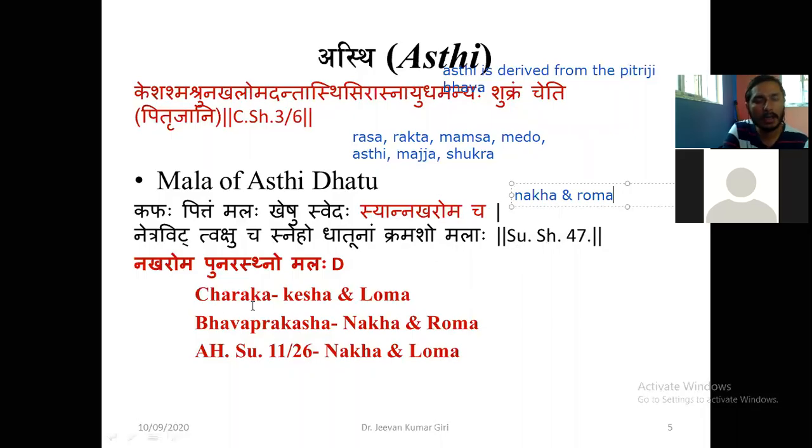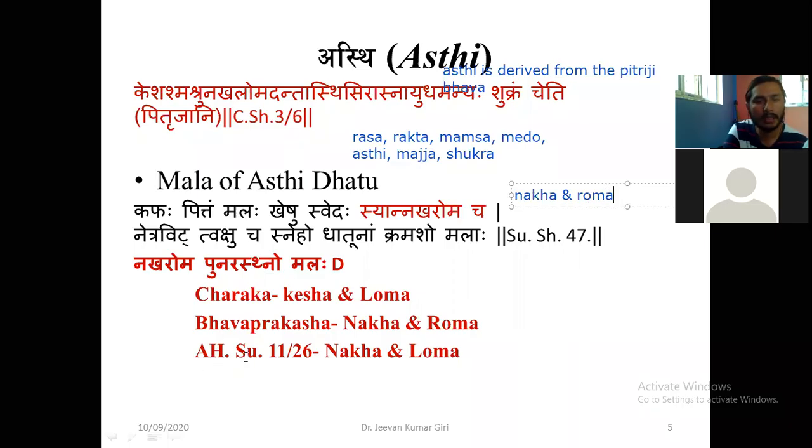Now see, Charaka told that kesha and loma are the mala of asthi dhatu. Kesha, hair and the hair follicles, they are the mala of asthi dhatu. Similarly, Acharya Bhavaprakasha has told that nakha and roma are the mala of asthi dhatu, similar to Susruta, that is the nail and the hair follicle.